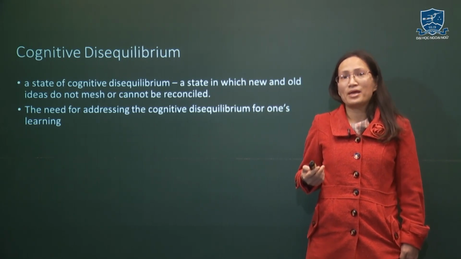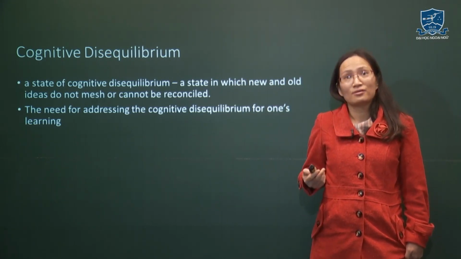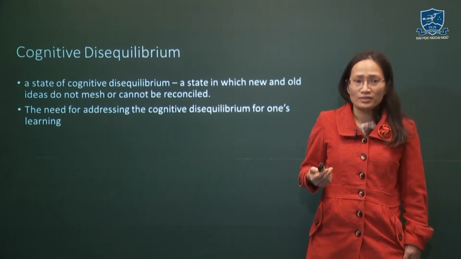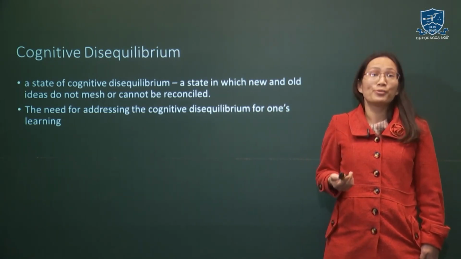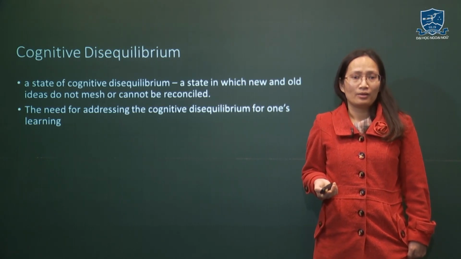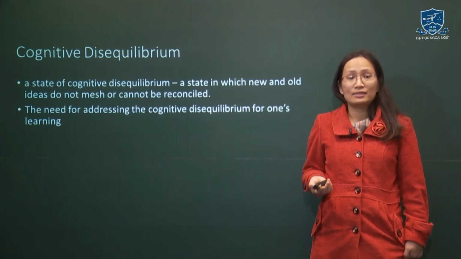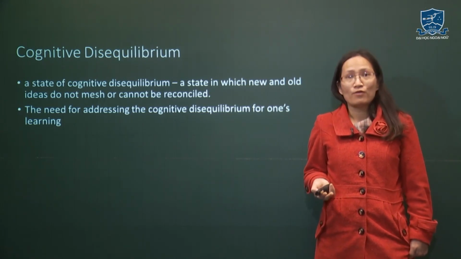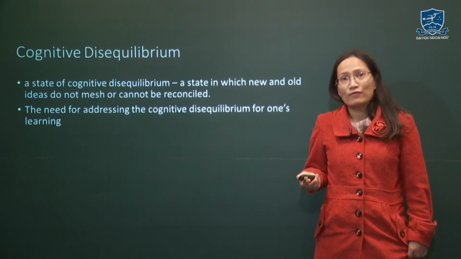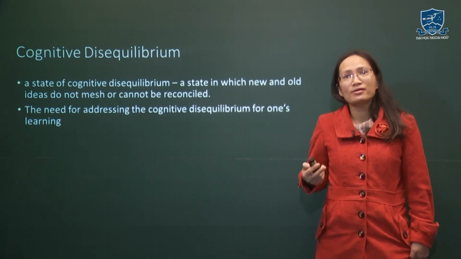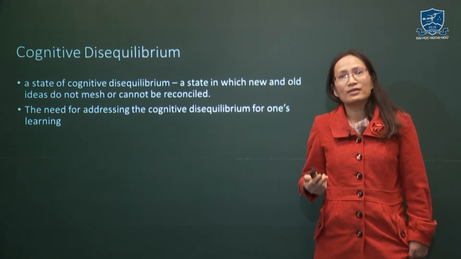And so they may get confused or be in the state of cognitive disequilibrium. There is the need for addressing this disequilibrium for one's learning, for the change in behavior, in perceiving things.